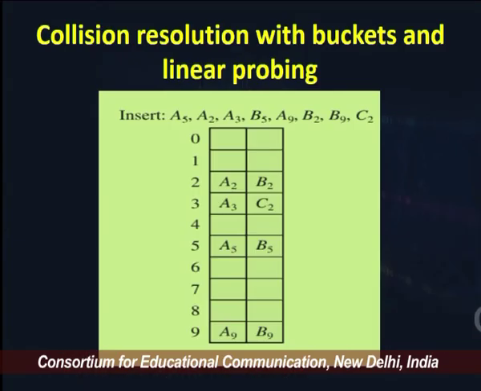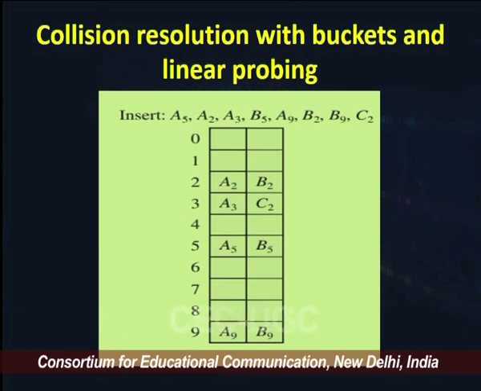So, within the buckets we can also have hashing, and if the bucket has an available slot, we use linear probing. We are going to look at this in the figure, which gives an idea of collision resolution with buckets and linear probing. One bucket is associated with every address, or every slot of the table.